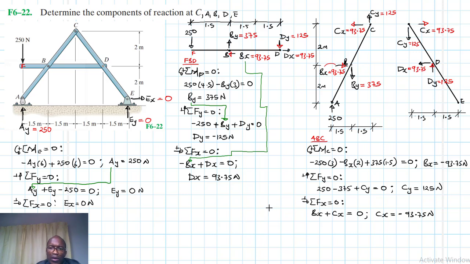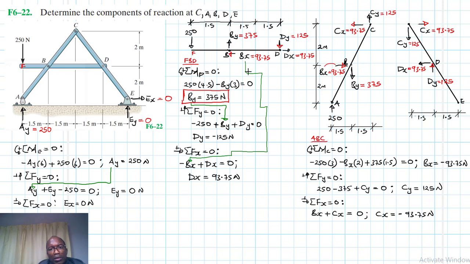Alright, I think this is about it. Let's just now create outlines. We have By, which is equal to 375. Let's check whether it equilibrates. 250 down, 375.